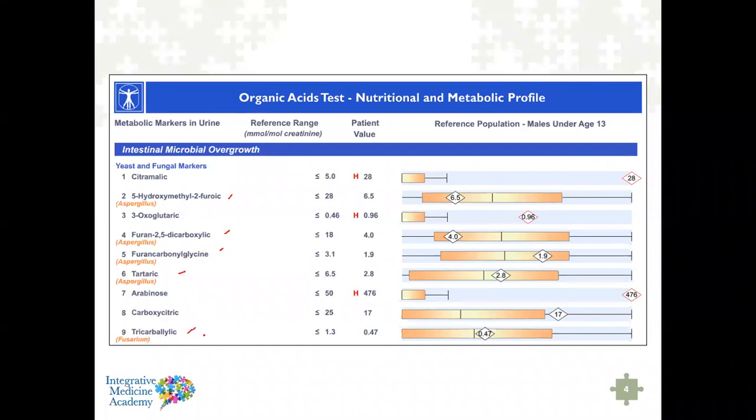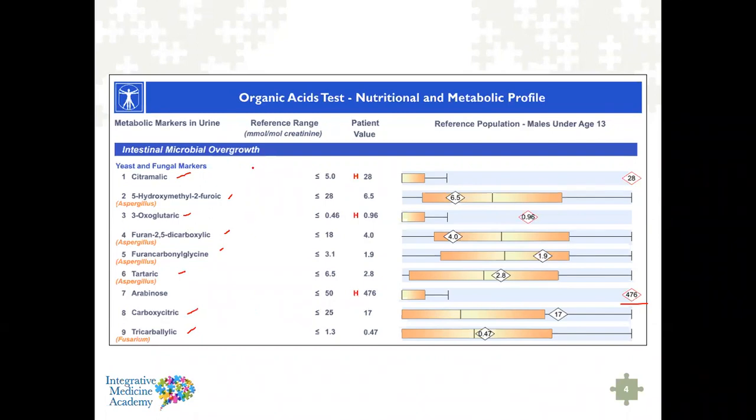Tricarballylic is actually linked to Fusarium mold. It's a common mold found in corn and corn products. That too indicates Fusarium colonization within the digestive system. And then we've got the typical arabinose elevated, which is linked to invasive candida. Citramalic is linked to Saccharomyces, mostly Saccharomyces cerevisiae, but Saccharomyces yeast. 3-oxoglutaric and carboxycitric are just linked to yeast overgrowth in general.